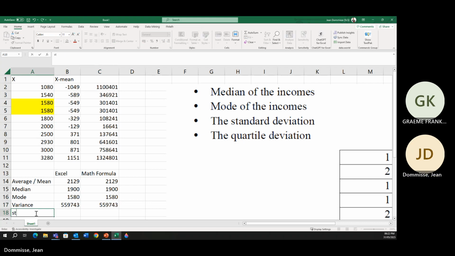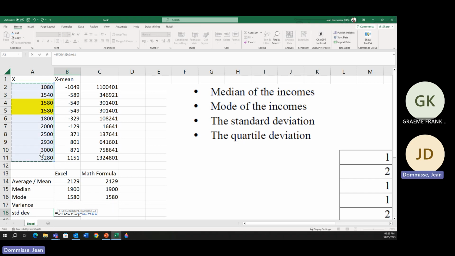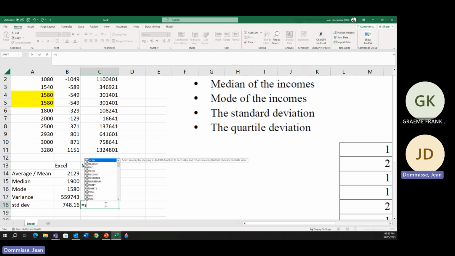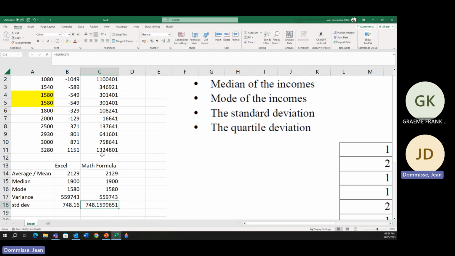If I then take the standard deviation, for this one I just take the square root of that, because that is supposed to give me the same answer, which it does. And then I just round it off so that it looks the same.